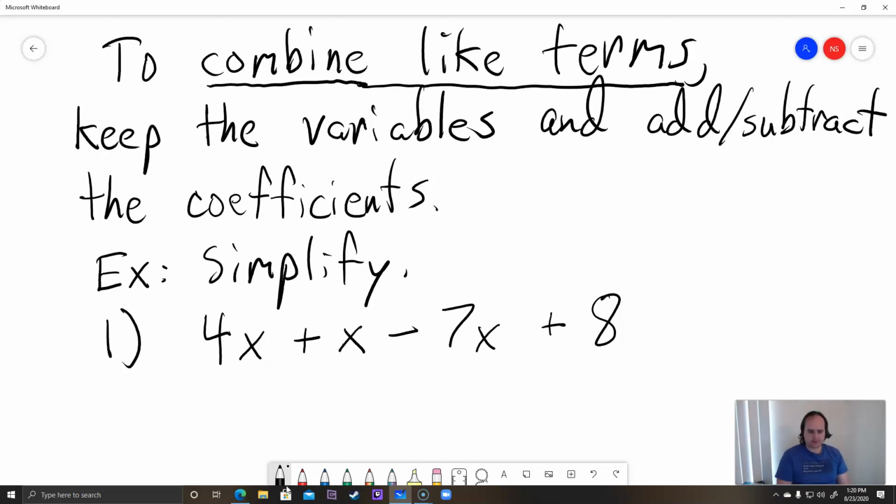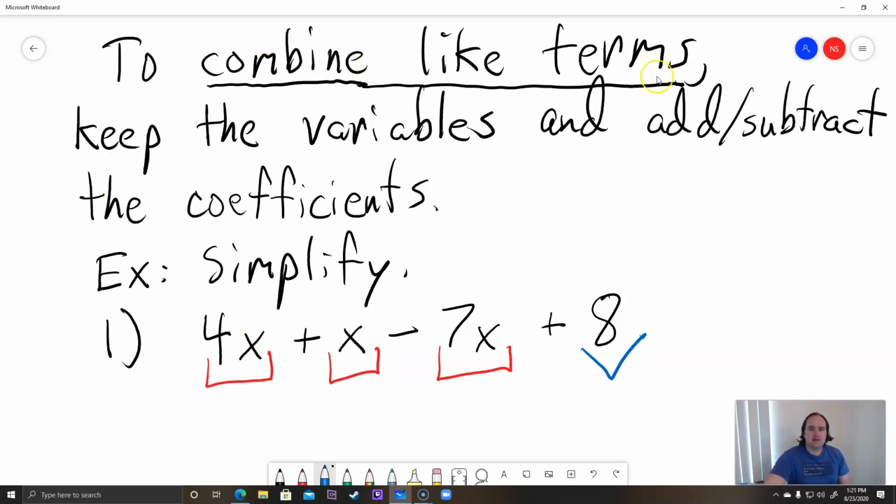So there's two types of like terms here. To be like terms, they have to have exactly the same variables raised to exactly the same powers. So the like terms here are the 4x, the x, and the negative 7x. Those are all like terms because they all have x to the first power. And then the other type of like term here would be the 8. Okay, so the 8 is by itself. It doesn't have any variable whatsoever, so it's a different type of like term.